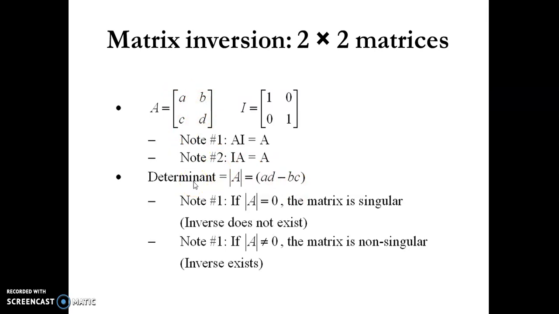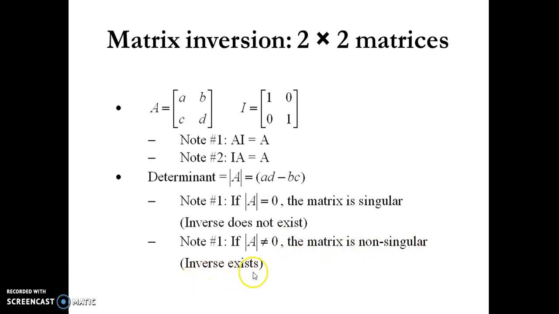But what is a determinant? What is the point of checking a determinant? The determinant tells us if the inverse of A exists or not. If the determinant is not equal to 0, it tells us that the inverse does exist, and we say the matrix is non-singular.